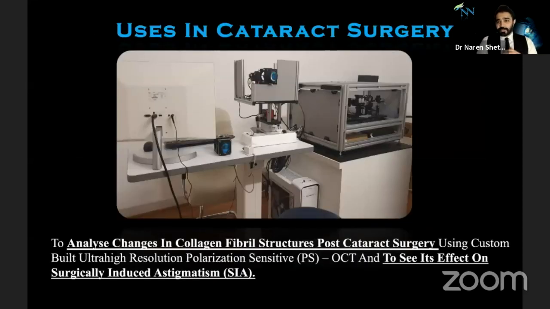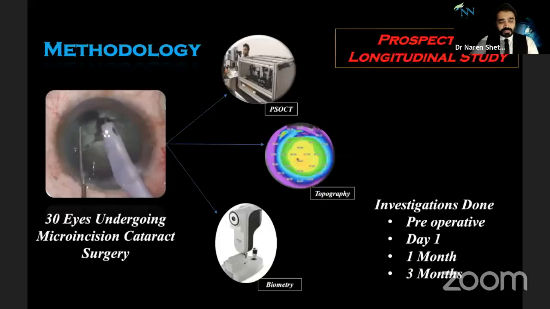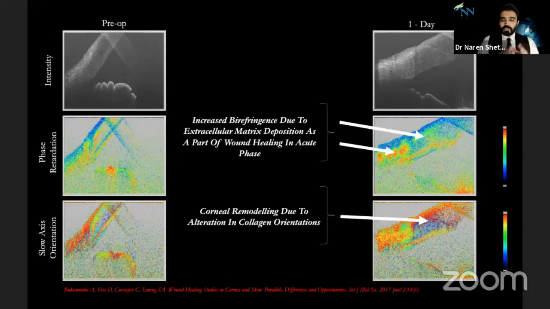And we did a study looking at the corneal healing post-cataract surgery using the PSOCT. In this study, we looked at 30 eyes. We did the PSOCT topography and biometry at intervals of preoperatively, day 1, 1 month, and 3 months. If you look at the images, you can clearly see the increased brightness due to the extracellular matrix deposition as a part of the wound healing in the acute phase.